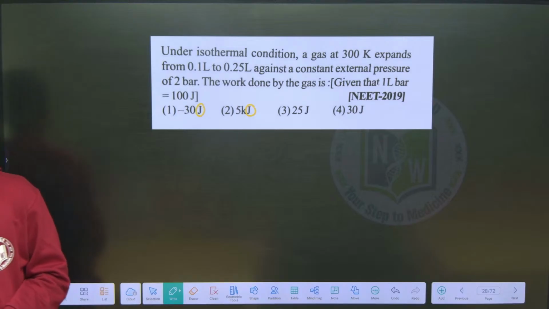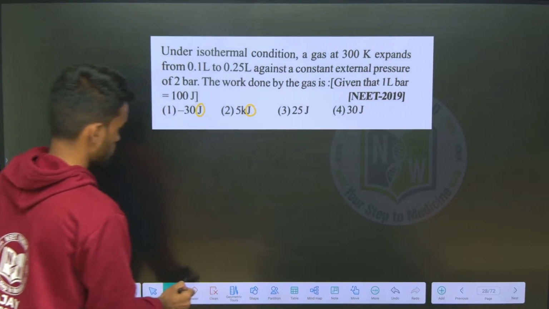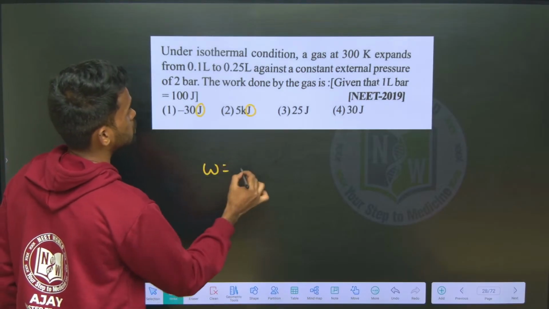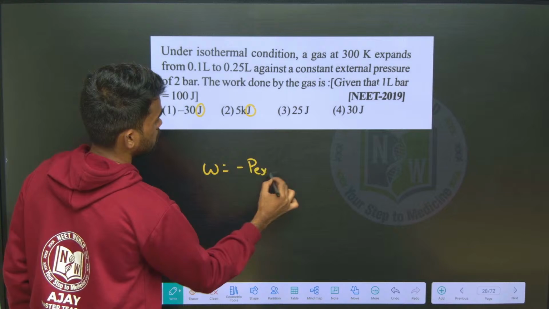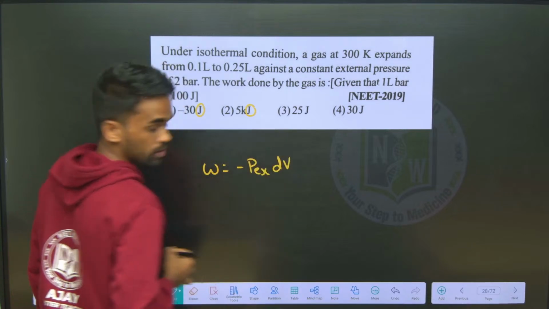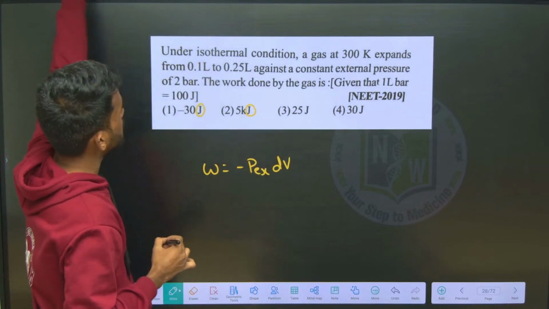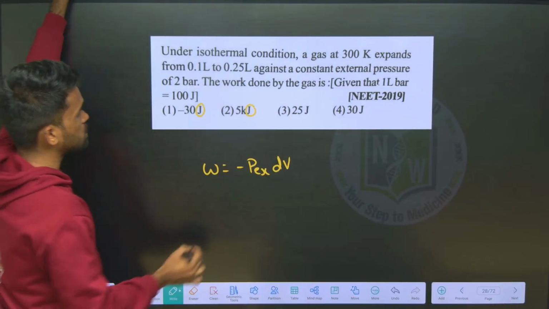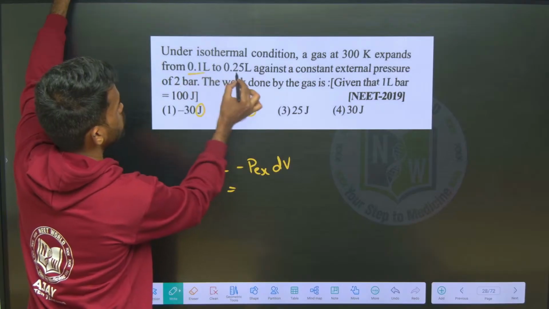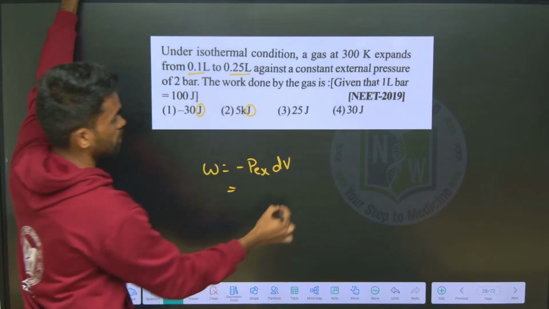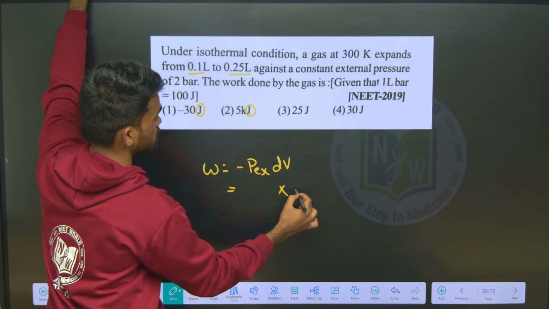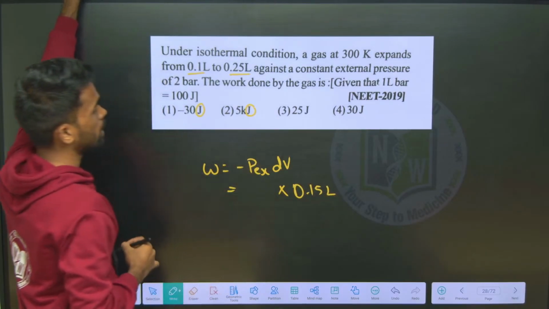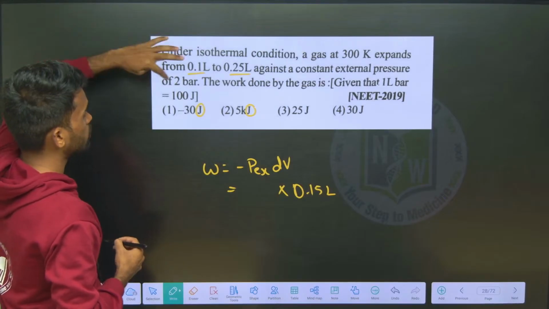See, W equals minus P external into dV. Under isothermal condition, a gas at 300 Kelvin expands from V1 to V2. V2 minus V1, the change in volume, is 0.15 liters, against a constant external pressure of 2 bar.